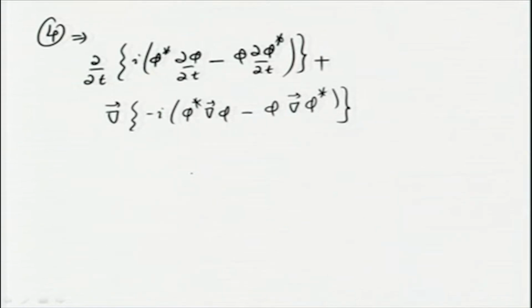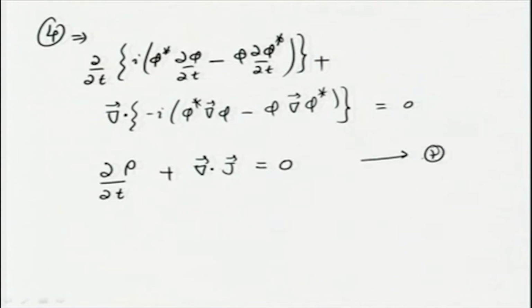So, equation 4 can be written as the time derivative of some term plus the divergence of something else equal to 0. I will write this in a compact way as ∂/∂t of some rho plus divergence of some j equal to 0.